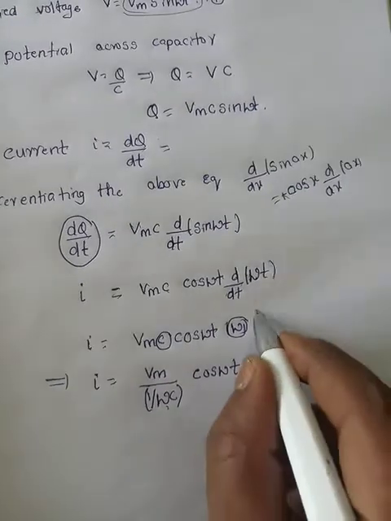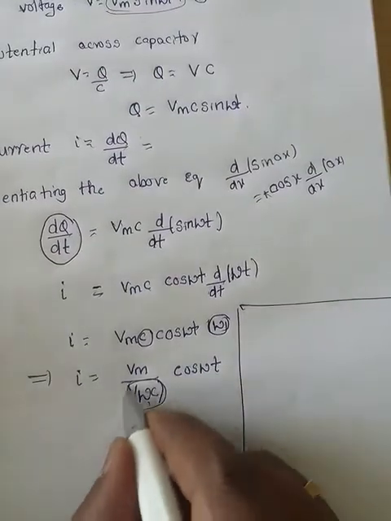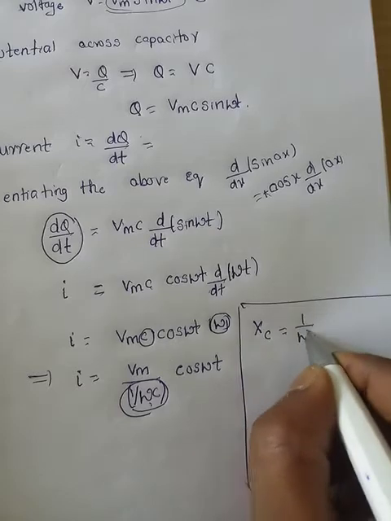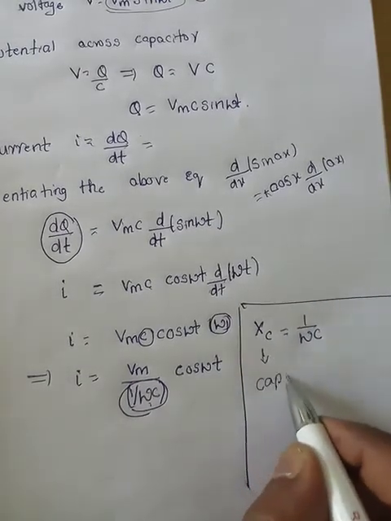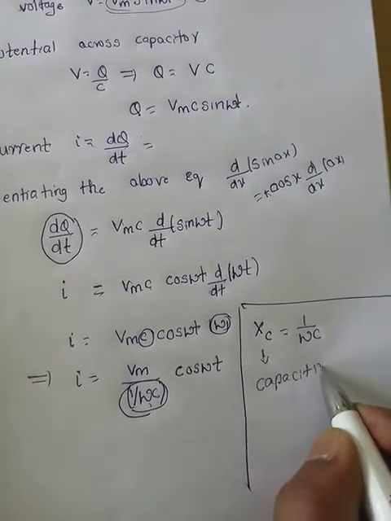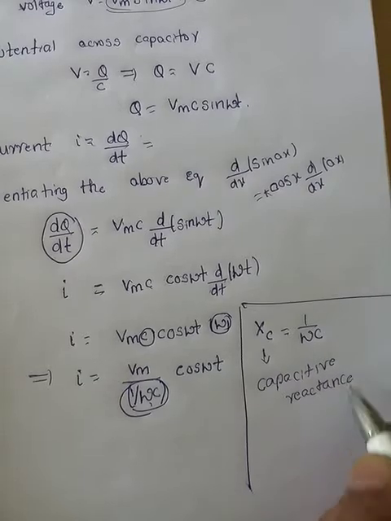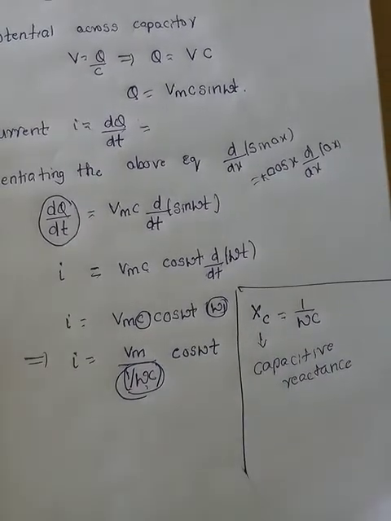Here, as in the previous case, I am substituting 1 by omega C as Xc, that is Xc equals 1 by omega C. What is Xc? Capacitive reactance. What capacitive reactance is, we will discuss here.